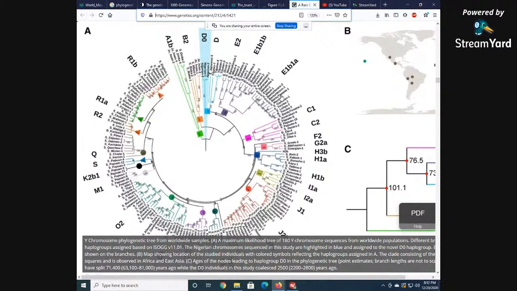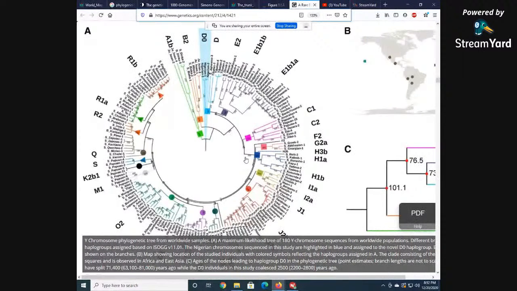So this tree over here, the D's and the E's are separate from the C's. And then the F is separate, branches off from the C. So the F is separate from the C. But they're trying to say the F came from the C, but that's only because the C is out of Africa.